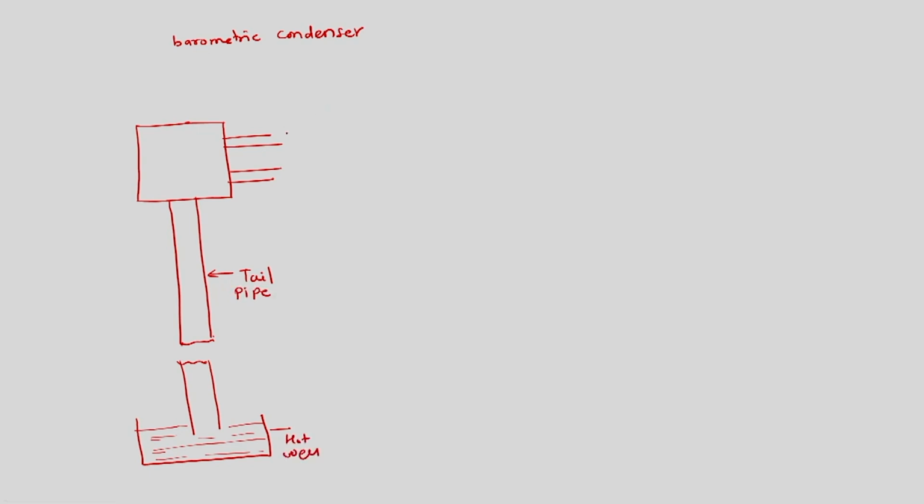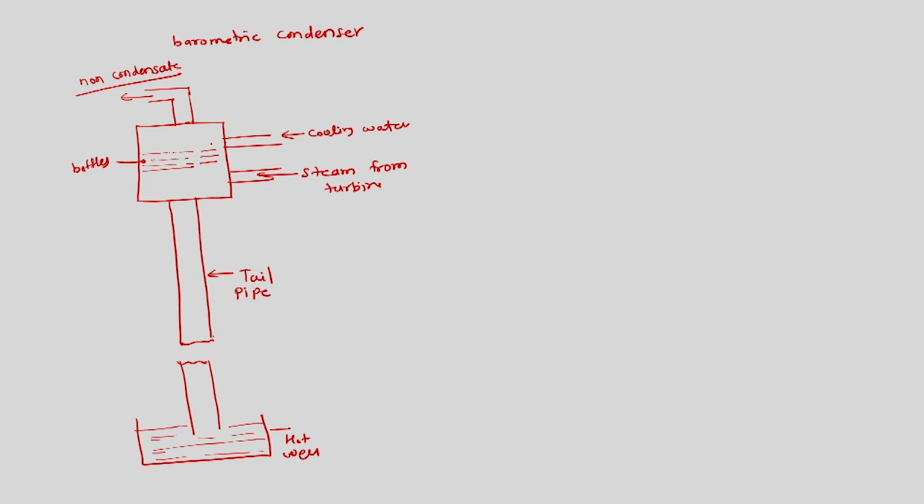From here we are getting cooling water, and this cooling water will splash over the baffles. So these are called baffles, and then we will have steam from the turbine, and there will be some non-condensate.